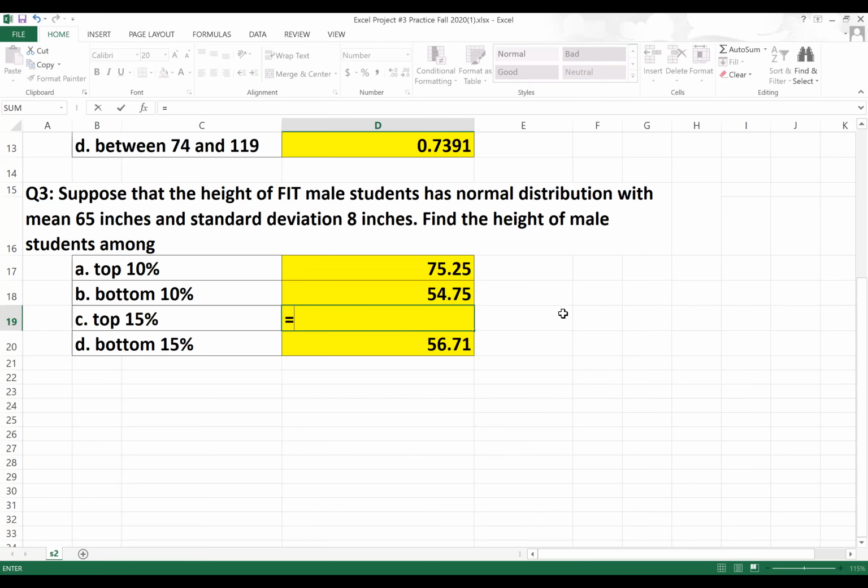So NORM.INV, inverse of normal distribution, and the area to the left is 85%. Mean is 65, standard deviation is 8. Okay, and that's how you do it. Once you have the right input, you get a result right away. Any questions on this?